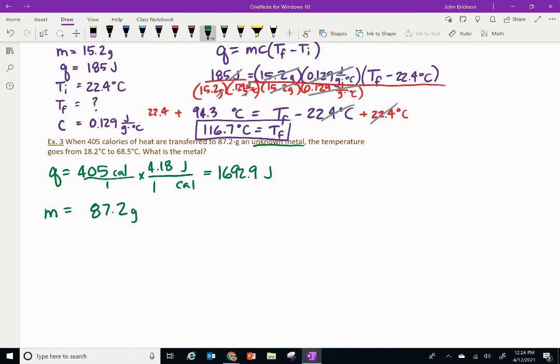I read on and see that the temperature change can be calculated here, delta T. They gave me two temperatures. The final temperature, which was, remember that's the TF in this equation, 68.5. Subtract from that the initial temperature, which was 18.2.